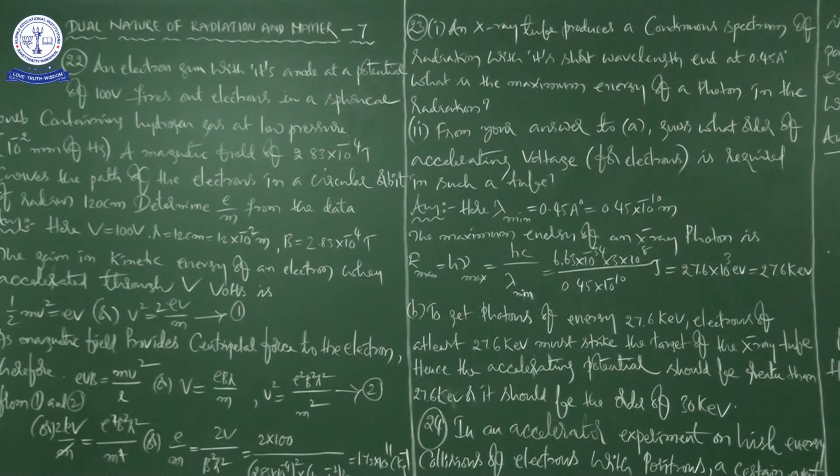Generally, while solving board syllabus problems, we take SI. Finally we get the E by M value as 1.73 into 10 to the power of 11 coulomb per kg.